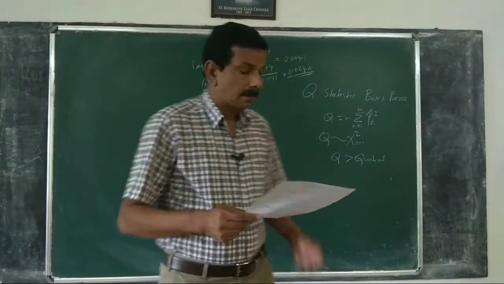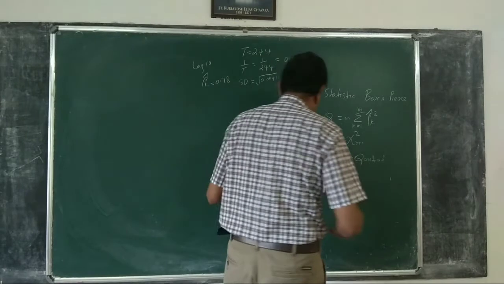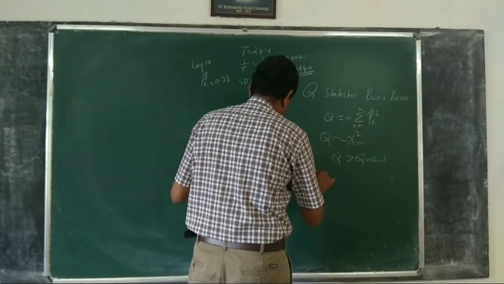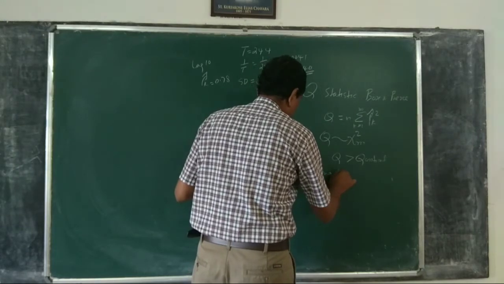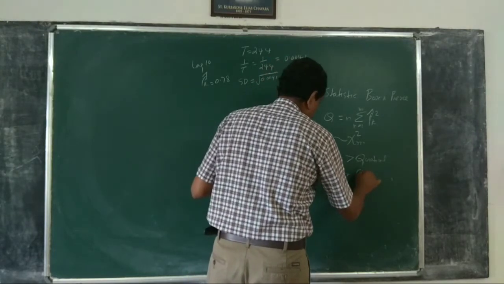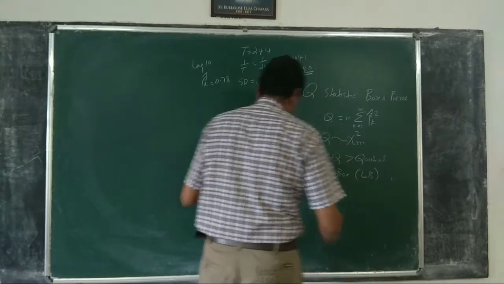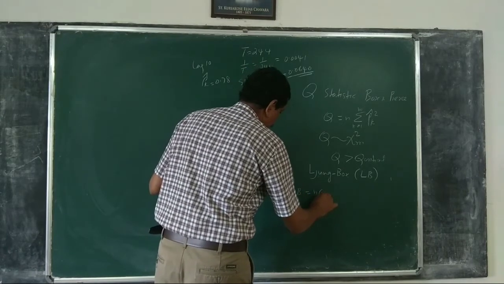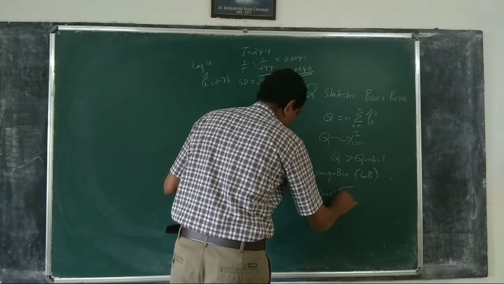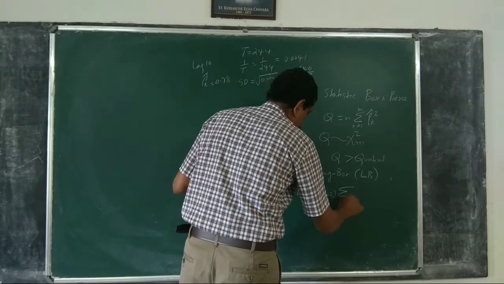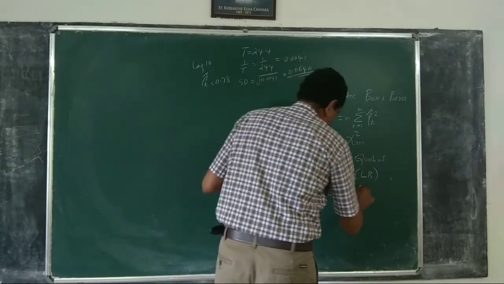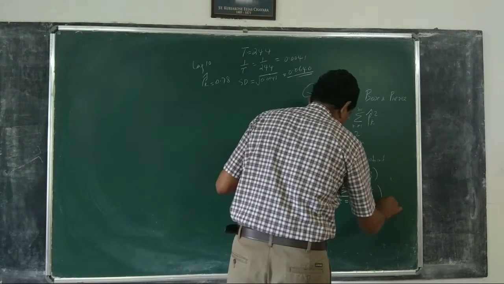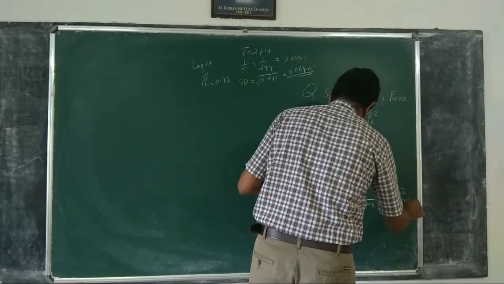Reject H0. A variant of the Q statistic is the Ljung-Box statistic, known as the LB statistic. And LB is written as N into N plus 2, sum over k equal to 1 to M of rho hat k square by N minus k, which follows chi-square with M degrees of freedom as well.